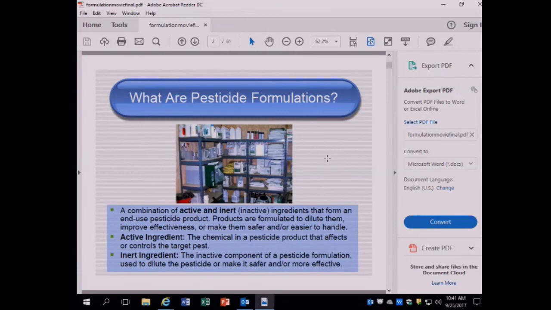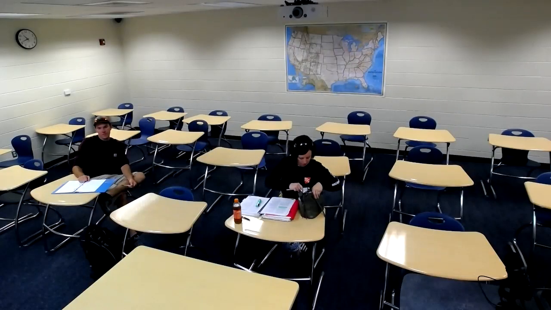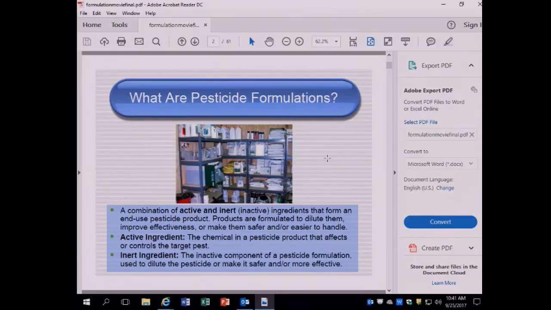That's not a problem. But the formulation that we're talking about, we want to try to create an understanding of that, and it follows the chapter that we had about the label, because we have so many different types of formulations. A formulation is nothing more than the way that a pesticide is put together or the way it's built.